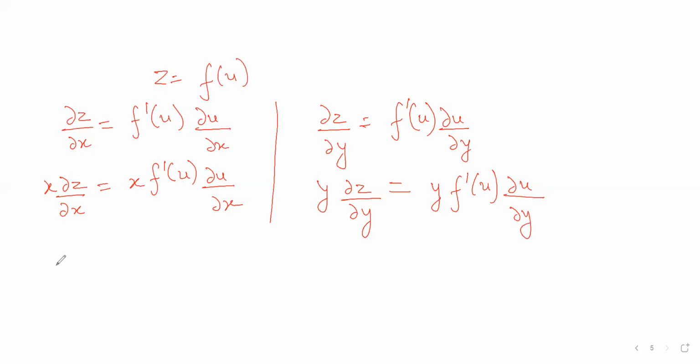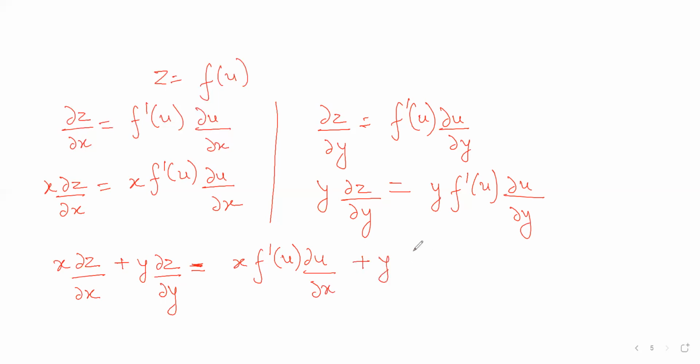Okay, so x del z by del x plus y del z by del y is equals to x f dash u del u by del x plus y f dash u del u by del y.